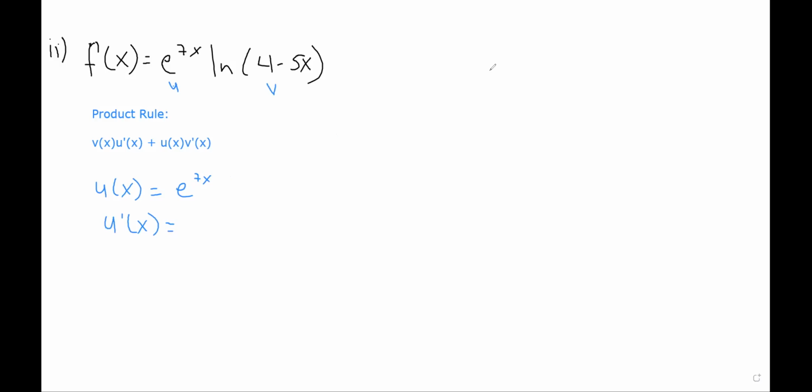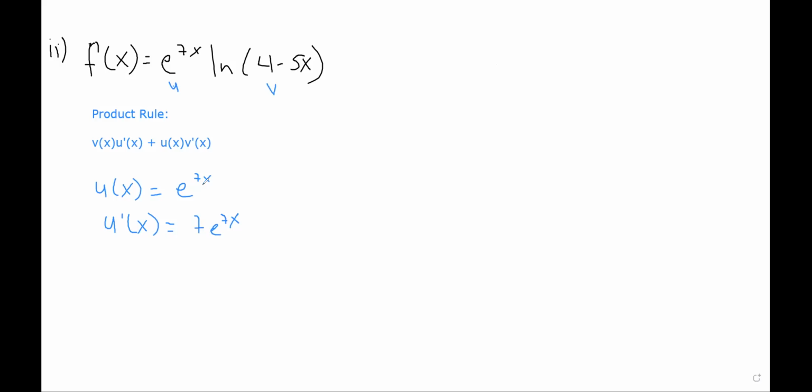All we're going to do is differentiate the power, carry down the differential, and then multiply it by the original function. What's the power? The power is 7x. The differential of 7x is just 7. And then we carry down that 7 and multiply it by the original function, which is e raised to the power of 7x. Cool. So that's our u differential x.